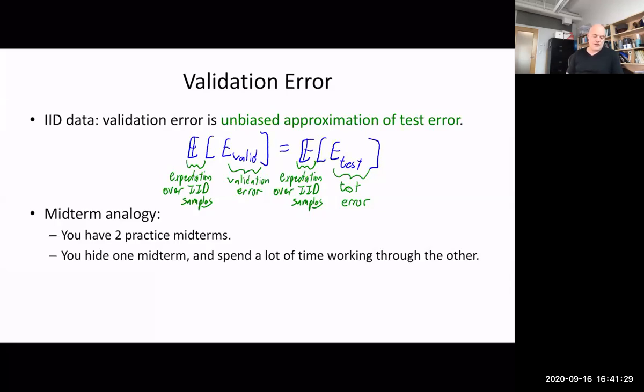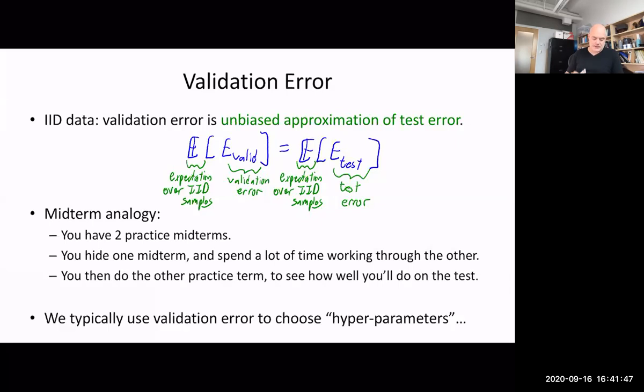To drive home the high-level point, in the midterm case, if you have 2 practice midterms, you hide one away in the closet, you don't think about it, and you work really hard on the first midterm, and then you take the second one. That second one is probably a pretty good estimator of how you'll do on the real examination.